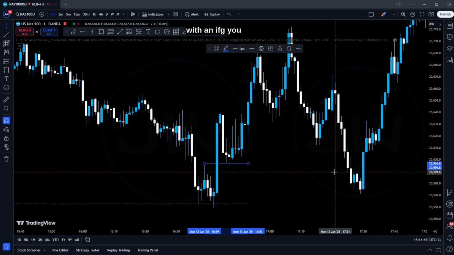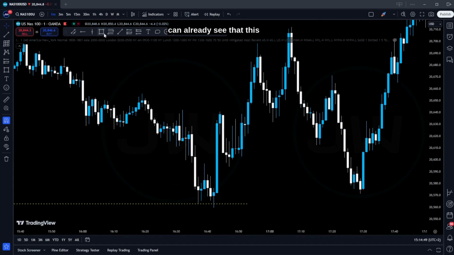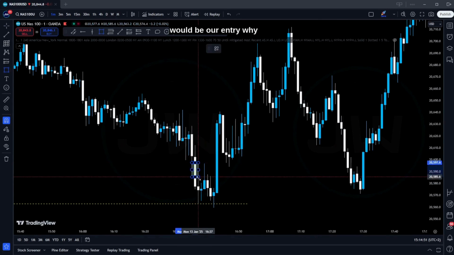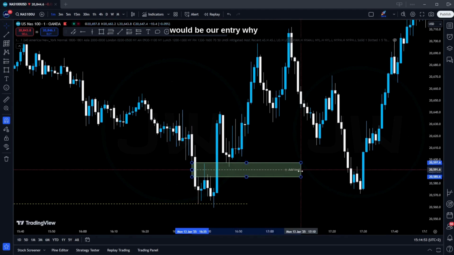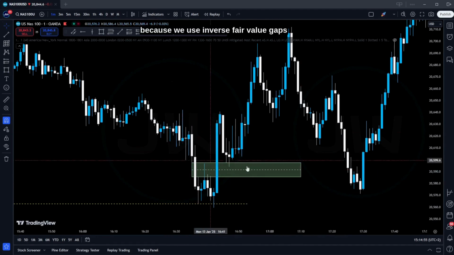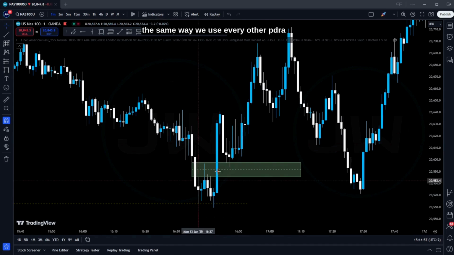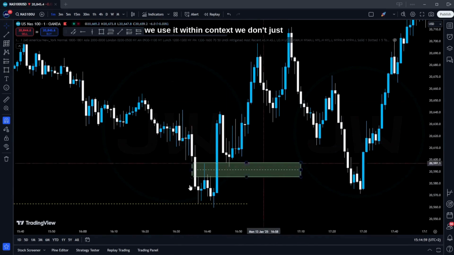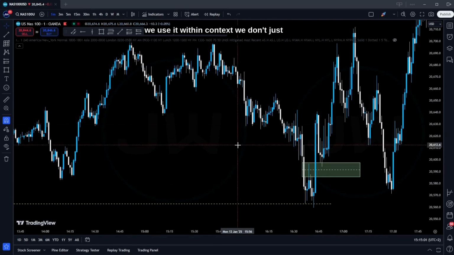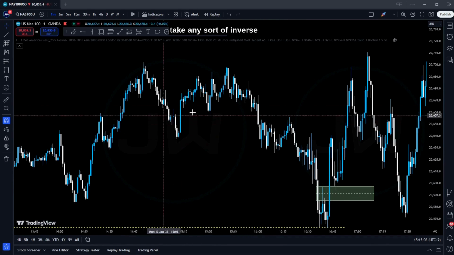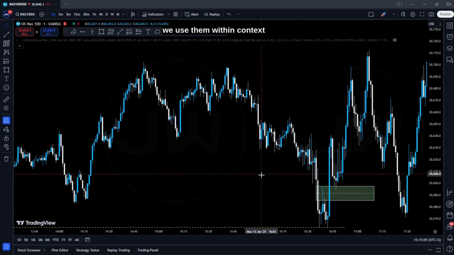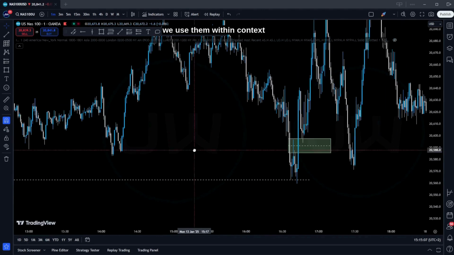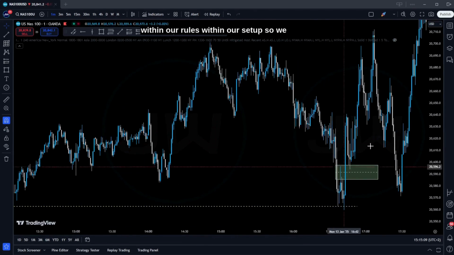Now, with an IFVG, you can already see that this would be our entry. Why? Because we use inverse fair value gaps the same way we use every other PD array. We use it within context. We don't just take any sort of inverse fair value gap. We use them within context, within our rules, within our setup.